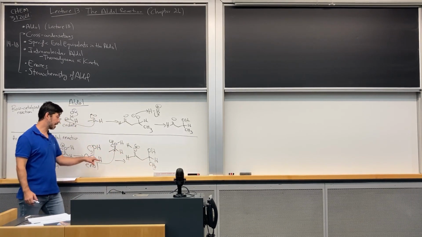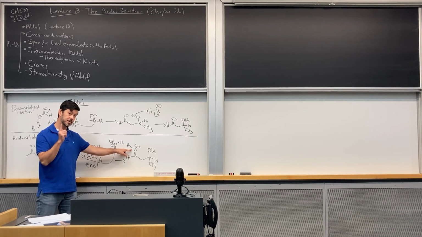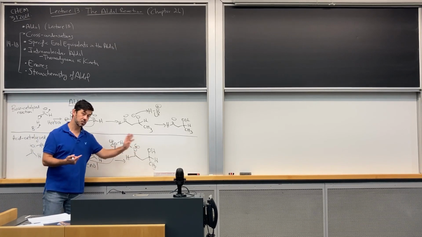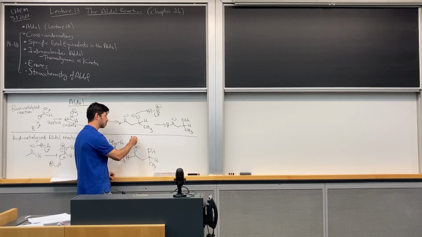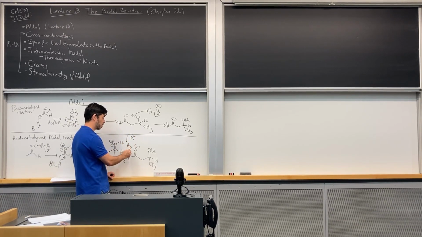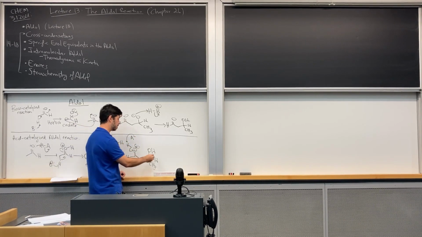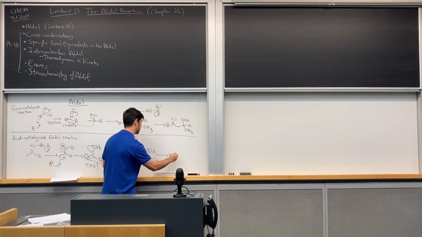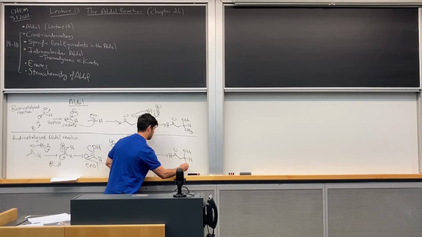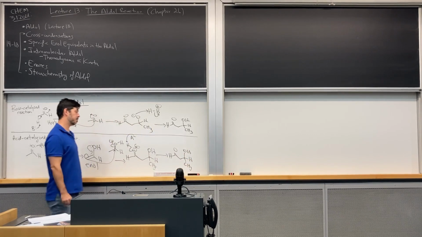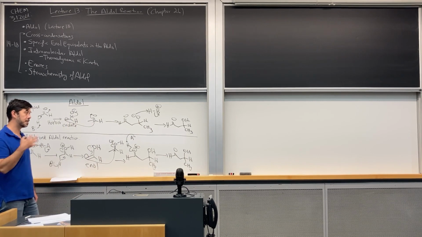Now, because the enol came down and attacked, this oxygen is now positively charged. You have this oxonium ion, so you now need to remove that proton in order to go to the neutral species. So this is where you can have a base or the conjugate base of what was protonated earlier pick up that proton. And there's your product. So it's the same product, whether you do base or acid-catalyzed chemistry.